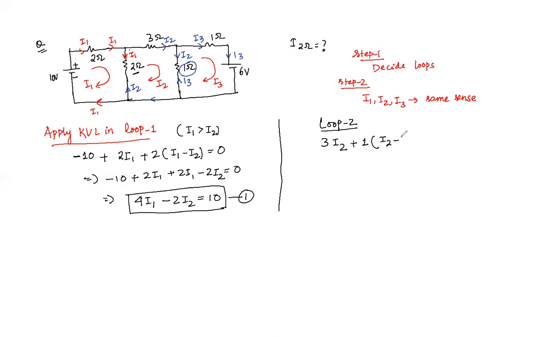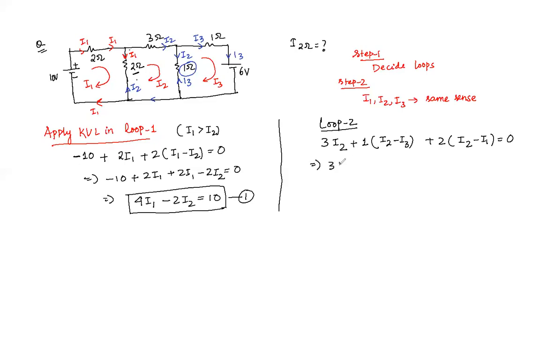So I2 minus I3 plus 2 times of, and now again I am in loop 2. So that's why here I am going to consider I2 is more than I1. In the previous case I was in loop 1, so I was considering I1 is greater than I2. So here it is I2 minus I1. So the loop in which you are, you have to prioritize it.